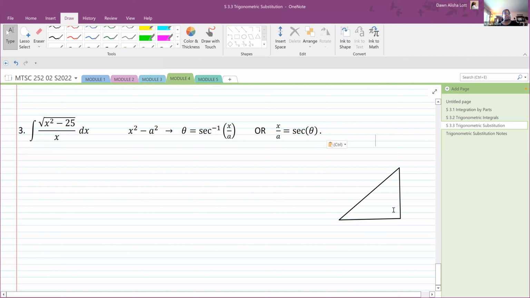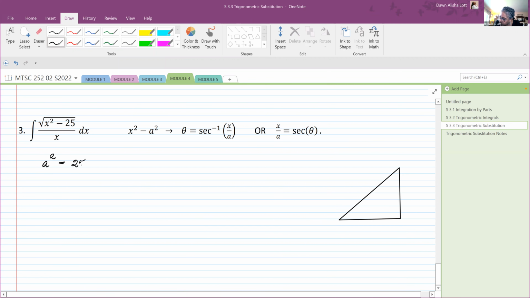All right, so this is a secant inverse one. The reason why I know is because it's x squared minus a squared, it's not a squared minus x squared. So x squared minus a squared, here, a squared is 25. So x equals 5.